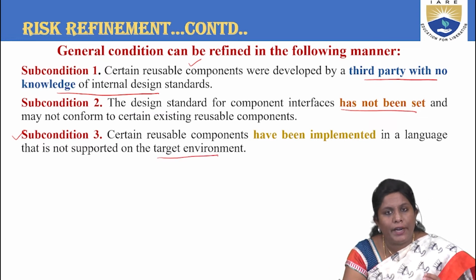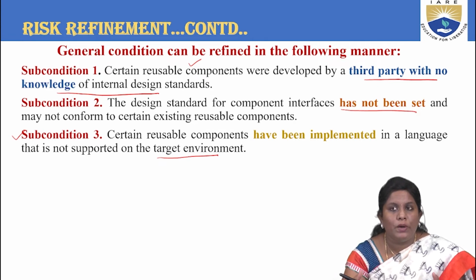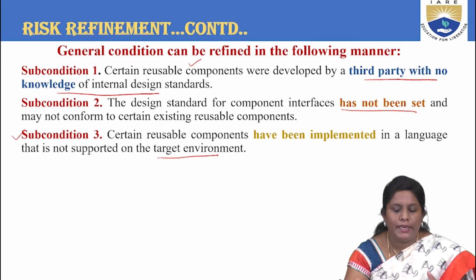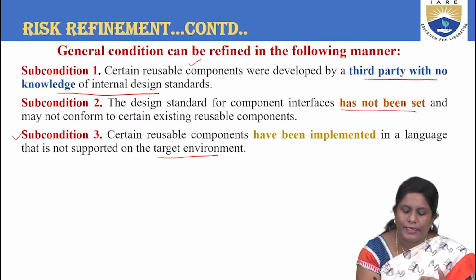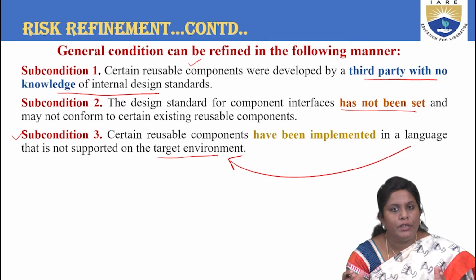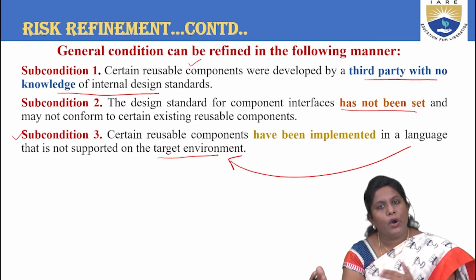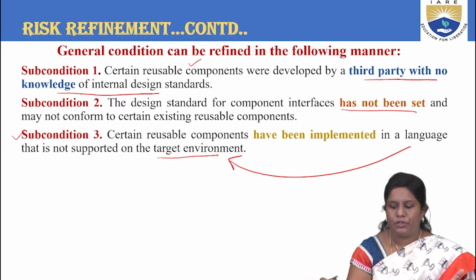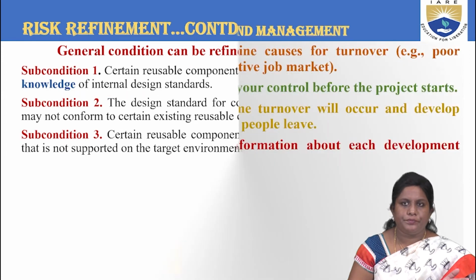Meaning, whenever you are trying to execute in some kind of environment, whatever you are trying to implement is not working in it, or whatever language you are taking is not fitting into this particular environment. So whenever you are trying to refine some risks, the condition has to be stated properly, and the consequences accordingly also have to be stated properly.